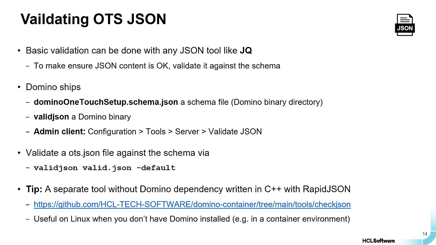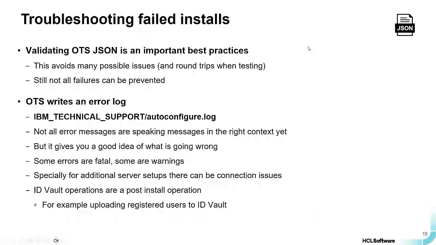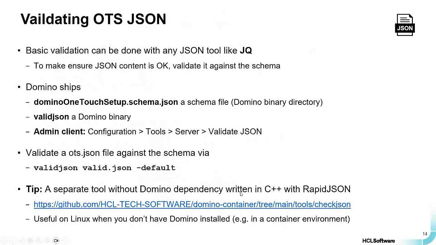So there are also ways to validate a JSON file against the schema with RapidJSON. So I put a simple example how to do that as a tool into the GitHub repository that I'm talking about in a minute. So you can just compile that. It has instructions how to compile it on Linux and Windows, and it will just work in the same way, right?